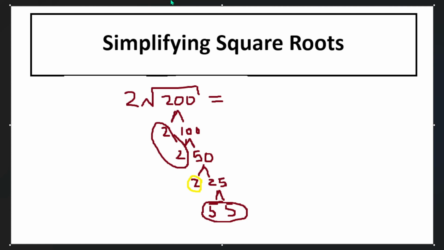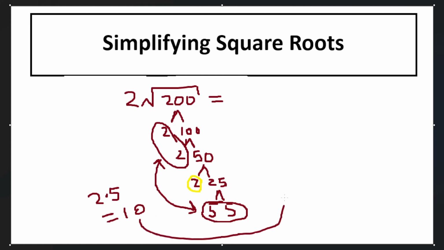So what we'll have is the pairs are multiplied. 2 times 5 gives you 10. This value goes here outside of the square root. And remember, we'll go ahead and bring this 2 over here.